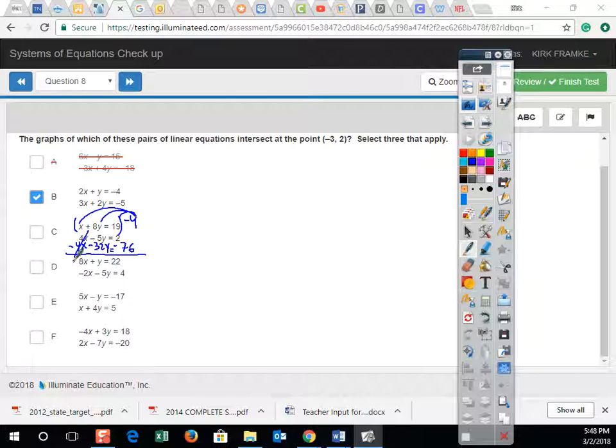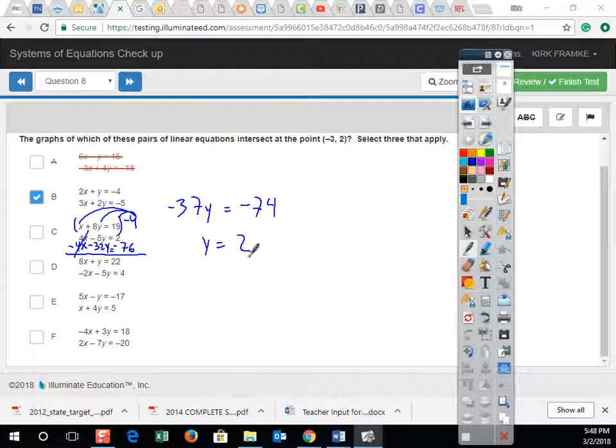These cancel out, so I get -37y, because add those together, you get 37. Over here I get -74. And lo and behold, y is equal to +2, because I divide both sides by 37. This looks promising as well.